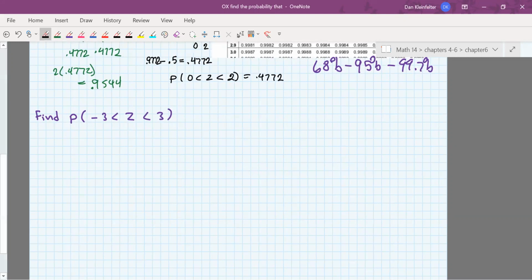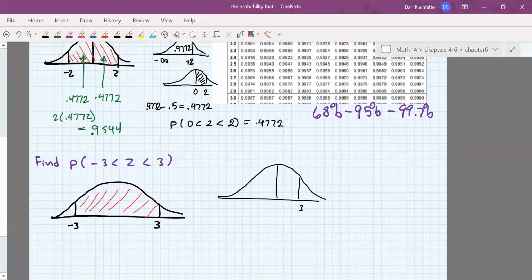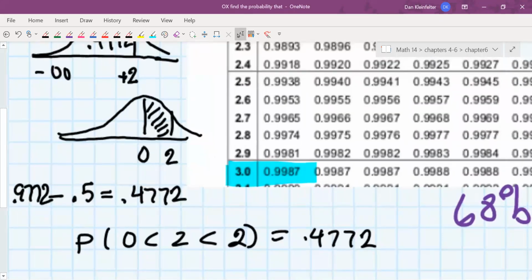So let's do that. So again, we want to know the probability that z will be within 3 standard deviations of the mean. That's -3 to 3. So to help us get this done, we'll find the area up to +3 only. So taking a look in our z table, that's going to be right here, 0.9987.